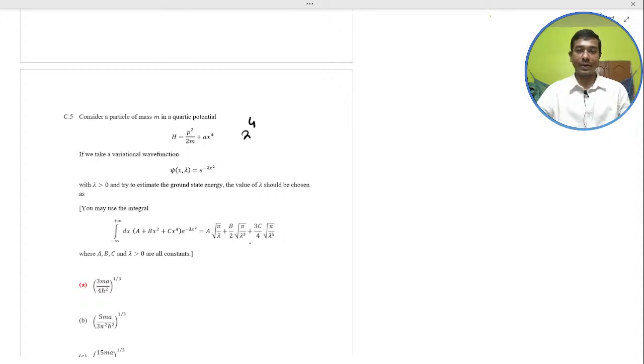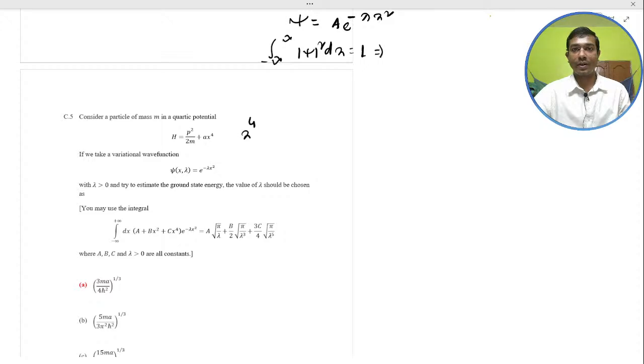Variational principle, quantum mechanics. Psi is given here, A e to the power minus lambda x square. Simply normalize this. Integral from minus infinity to infinity of mod psi square dx equals 1.